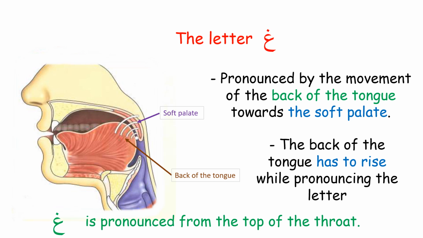More precisely, the furthest back of the tongue has to move backwards as if it is reaching to the soft palate. Please make sure not to get that far from the uvula, otherwise we will invade the letter Kha territory, as I will explain in a couple of minutes. We really need to make sure that these two neighbors don't cross the border and stay on good terms.